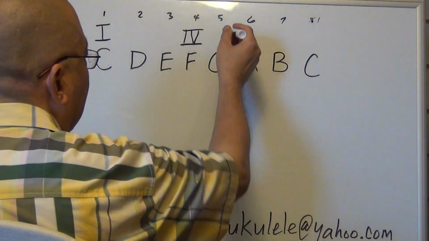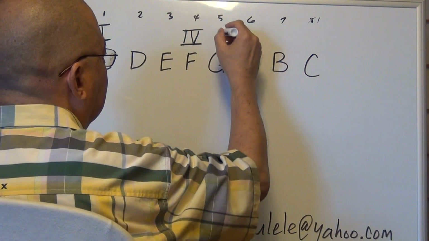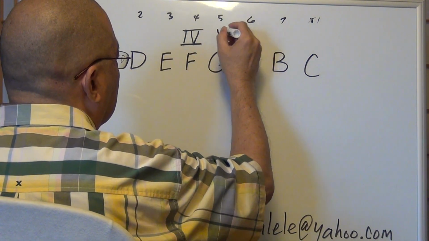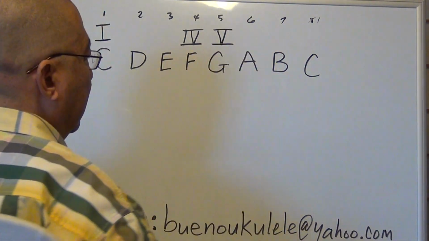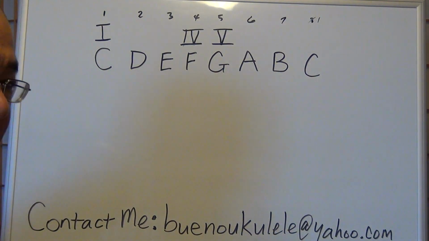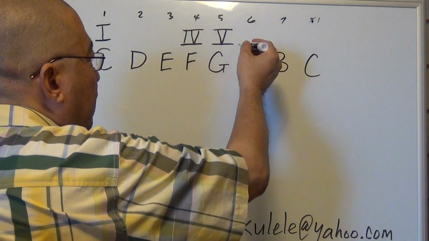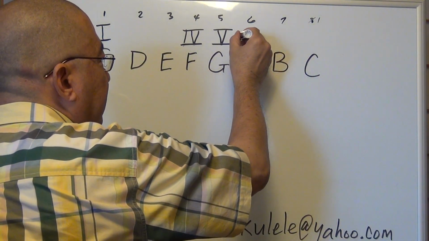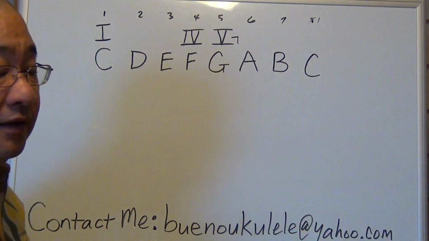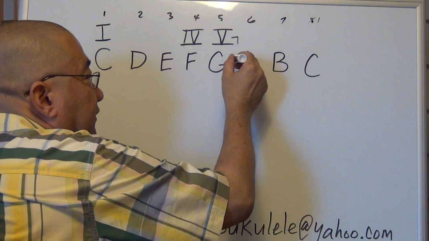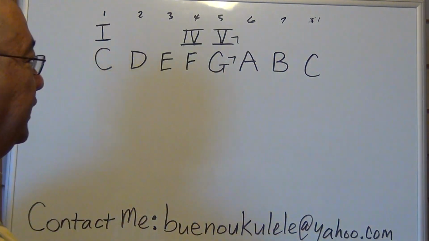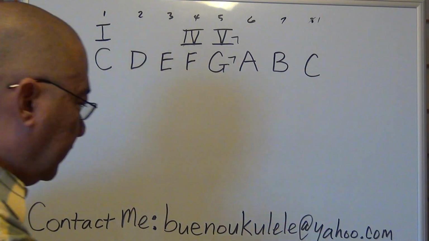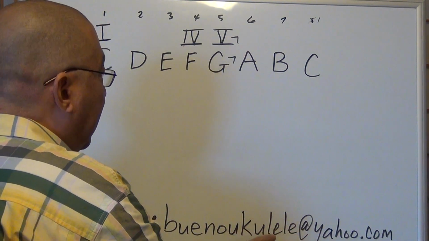And the 5 right here, G, is the 5 chord, and we said that most of the time, not every single time, that 5 chord is probably going to be a 5/7. Either way, it's okay.